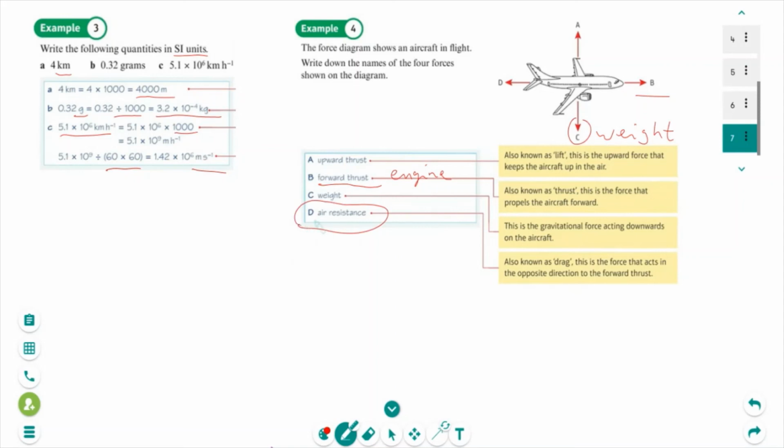I mean, they call it drag, really. I think the technical word is probably drag. So that is called drag or air resistance. And also, the force which keeps the plane up in the air is called lift. So also known as upward thrust. That's the force that keeps the plane upwards. Okay. That's my introduction.